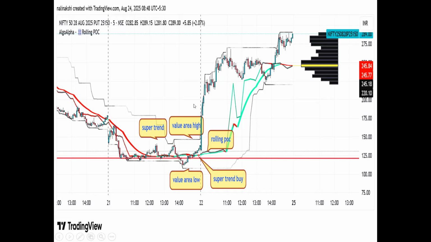See how the market moved and the value area shifted, started moving higher. You can see how it is moving higher, and the rolling POC is also moving higher. And the trend has been plotted green. Rolling POC you can see here, that is also green.